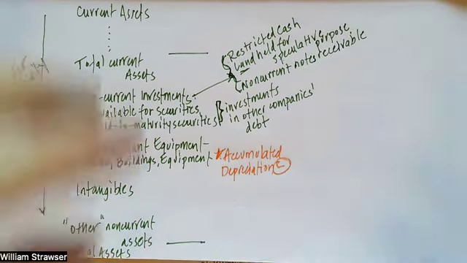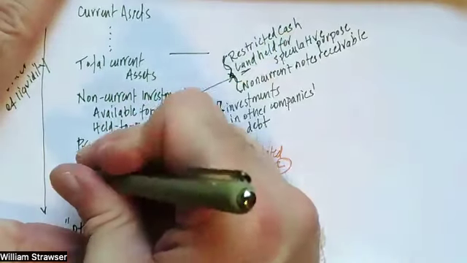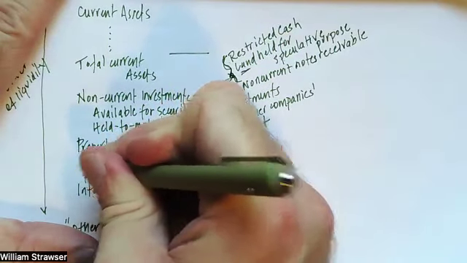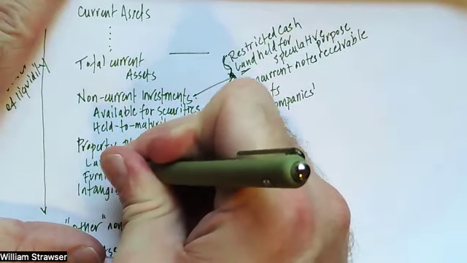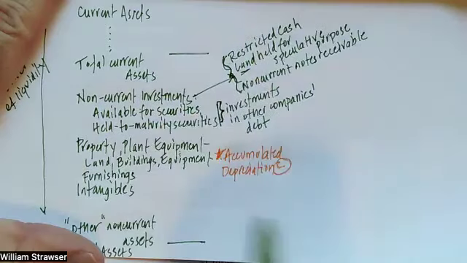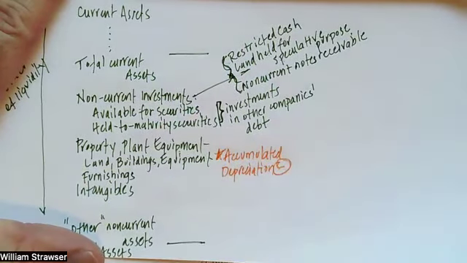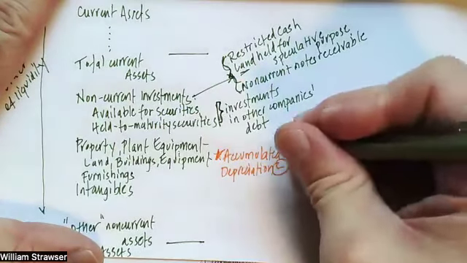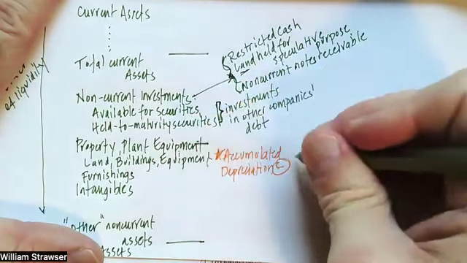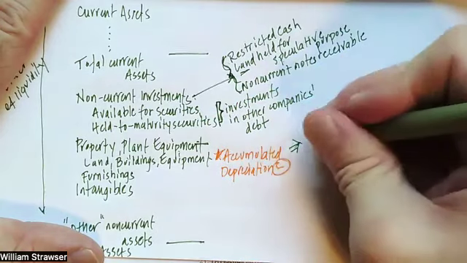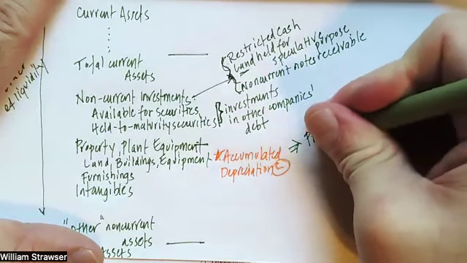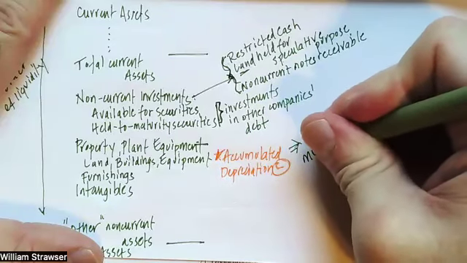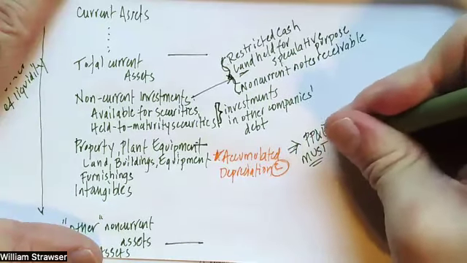Let me think. Other things in here, furnishings could be property, plant, and equipment. And machinery, of course, is just another name for equipment. The big key for this category that I want you to remember is that PP&E must be currently used.